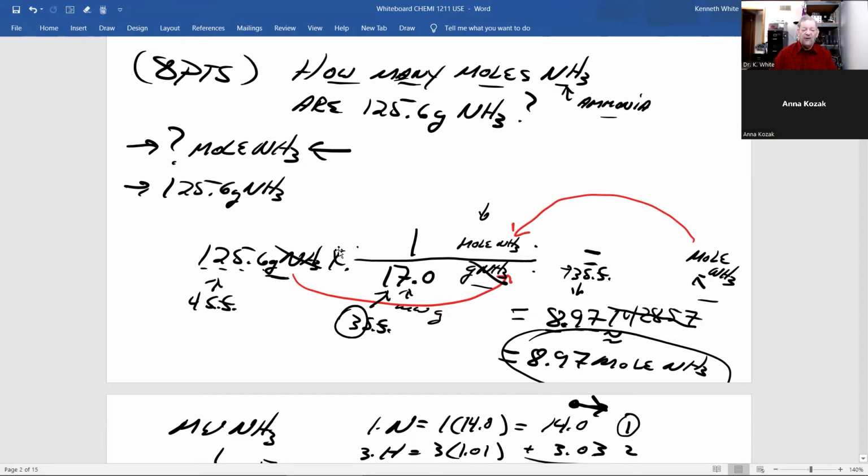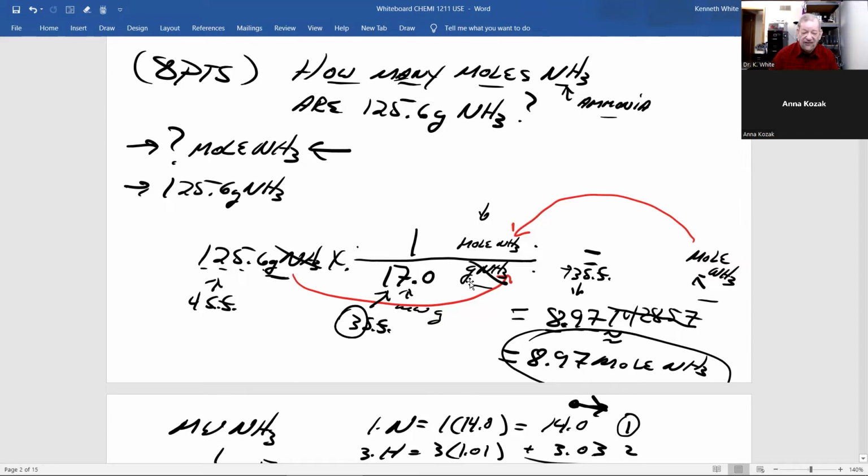If you had a ratio conversion factor that can convert grams of ammonia to moles, what would that ratio be? Use your good friend, unit analysis. Whatever you're trying to get to goes on top of that ratio. Whatever you're trying to get rid of goes underneath.